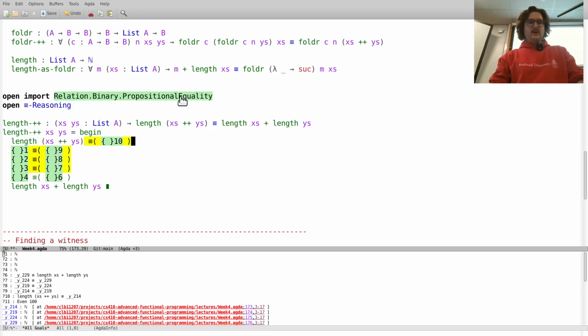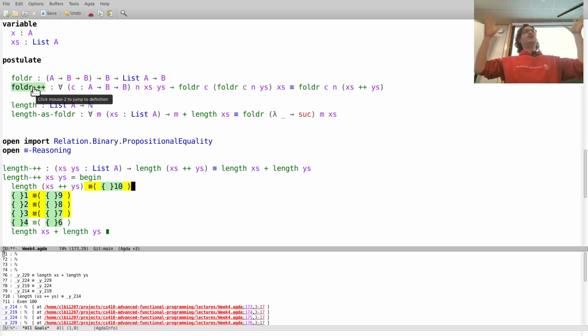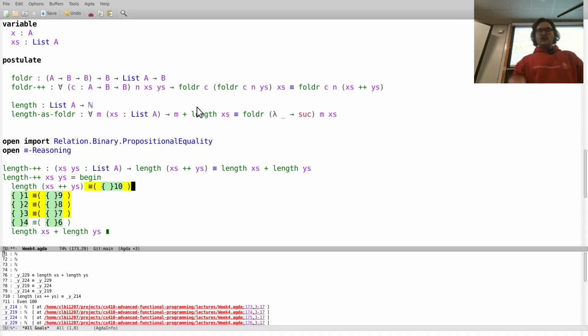Okay? So then one of the crucial steps, well, so for now, I'm not going to write down the derivation. I'm just going to write down what I would like the proof to be. And to get a sense of what I would like the proof to be, the only reasonable thing to do, if you're not looking at the implementations because you're trying to reason at a higher level than actually trying to run the functions, is to look at the properties that you have for these functions. So here, I want to talk about length.